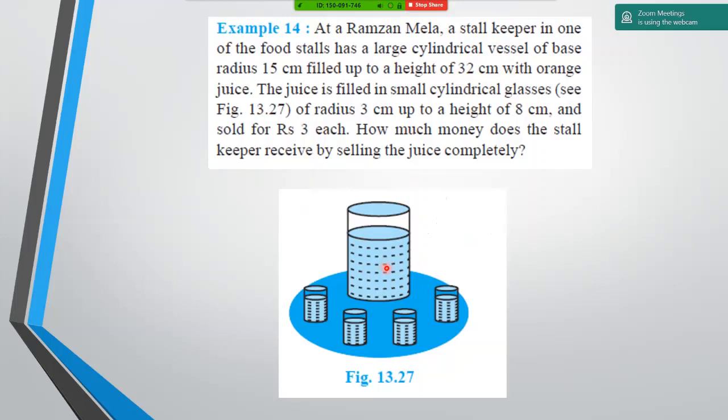But hold on, don't calculate it at one go. The juice is filled in small cylindrical glasses of radius 3 centimeter up to a height of 8 centimeter and sold for rupees 3 each. Means each glass is 3 rupees. How much money does the stall keeper receive by selling the juice completely?